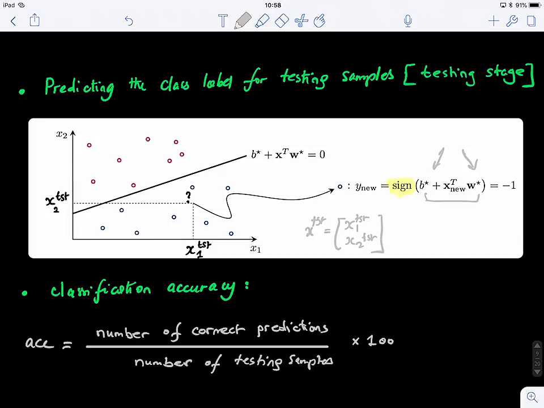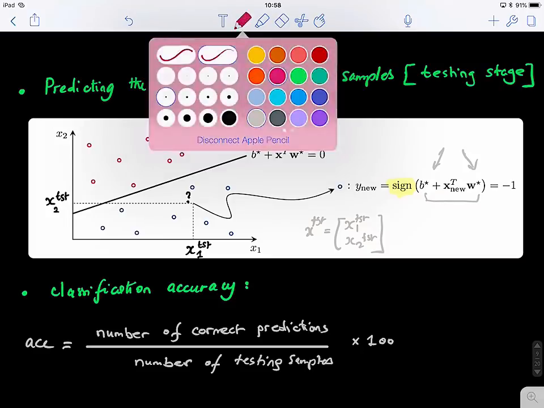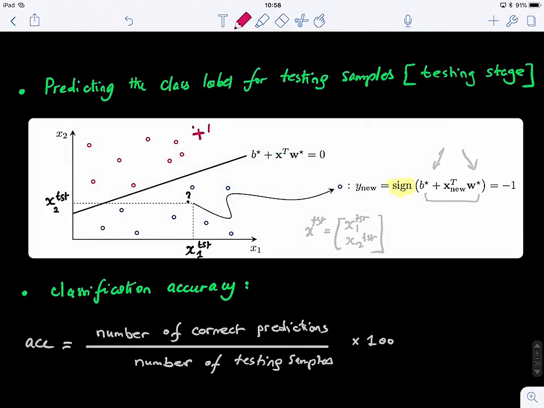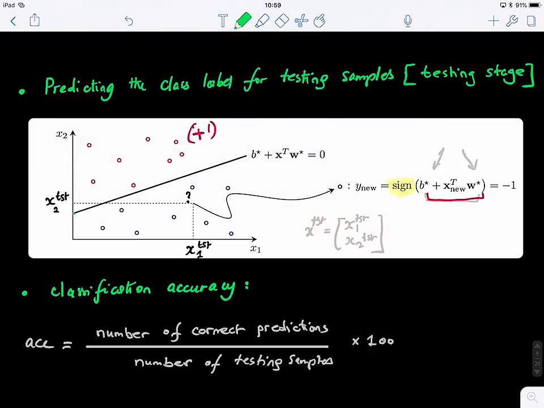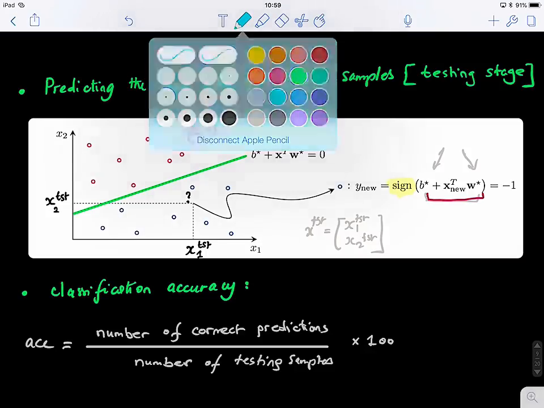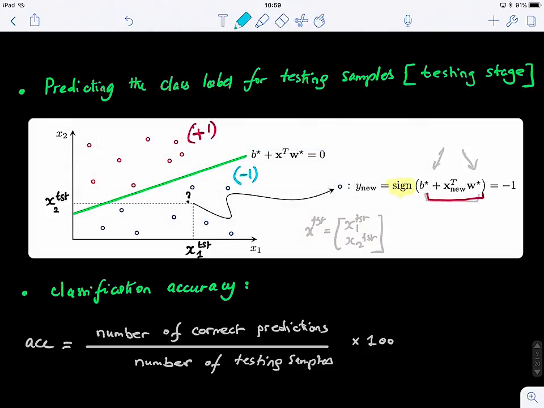Remember, if the point has a positive label, it lies above. So if this is positive, it means it lies above the separating hyperplane, right? If it lies below, then it is negative. So in this case, let's say we take the sign of this. So what is the sign of this quantity? Is it positive or negative?